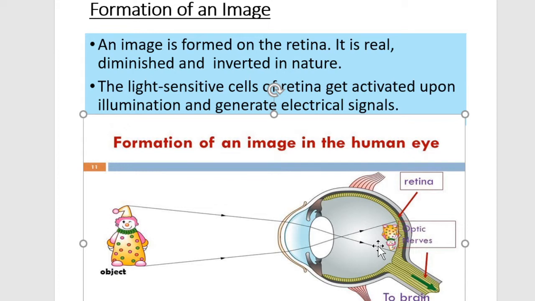And then this image is converted from its visual form into electrical signals, and those electrical signals will then be transferred to the brain with the help of the optic nerve, right? Now, one more example: suppose you're seeing a tree in front of you.